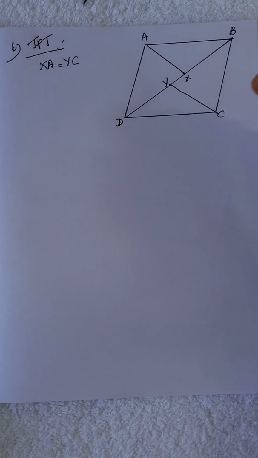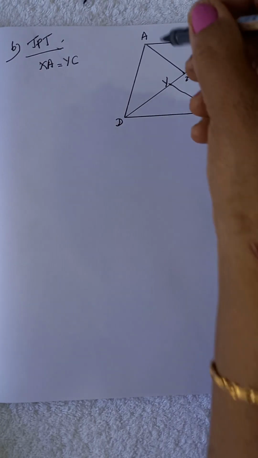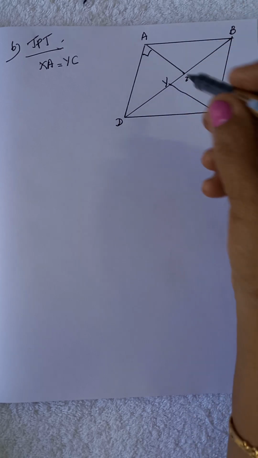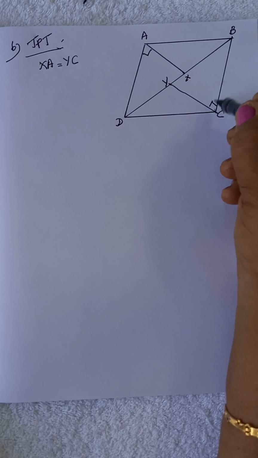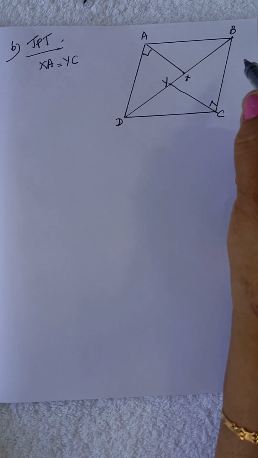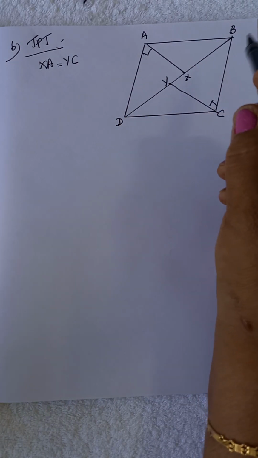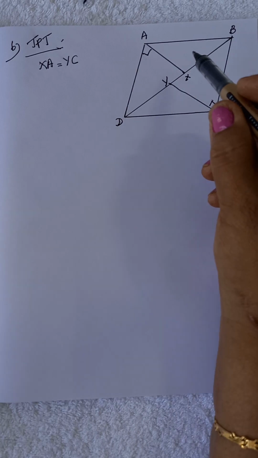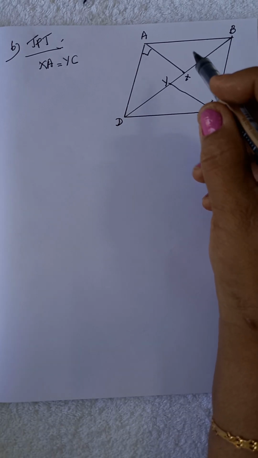Says that the angles XAD, this angle, and YCB, this angle, are right angles. So these two angles are 90 degree. Then what we have to prove? We have to prove that XA is equal to YC. So here we have to take two triangles and come to the conclusion that those two triangles are congruent to each other.